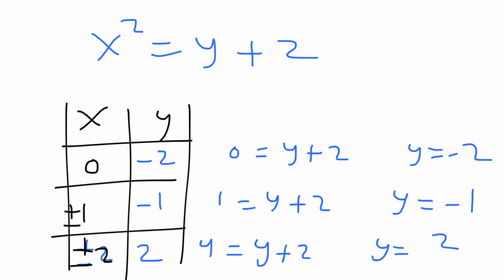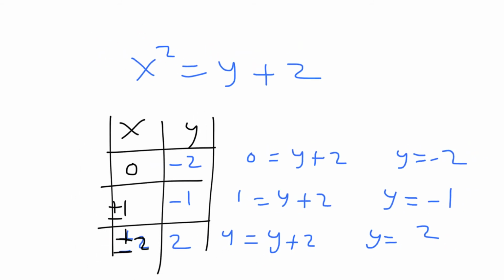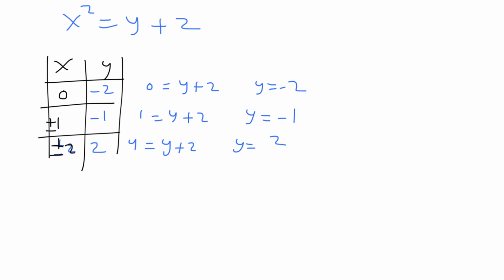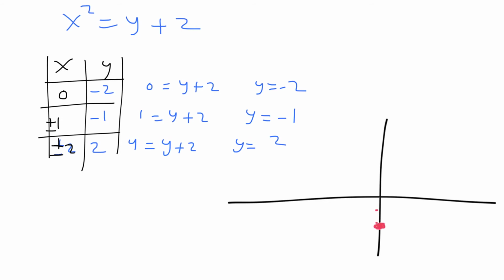So we have 5 points here now, and you can graph them as well. See if the graph will be something different. It's similar, but will be different. So let's graph this. I have 0 and minus 2. I'll come down here to minus 2, right? This is 0 and minus 2.